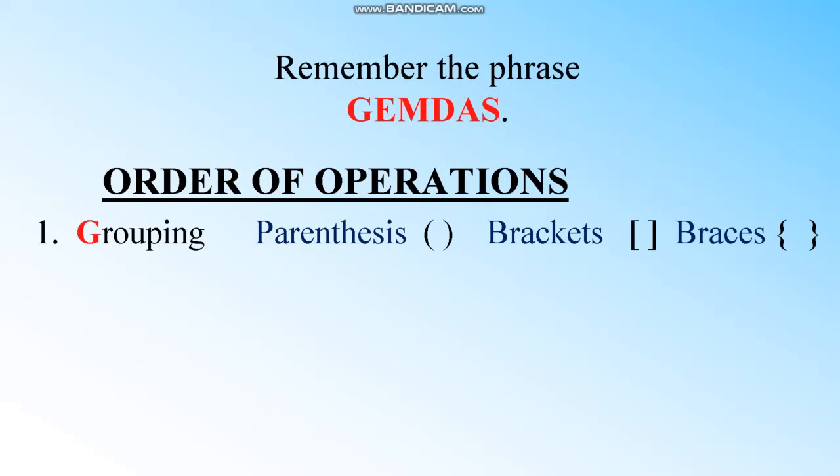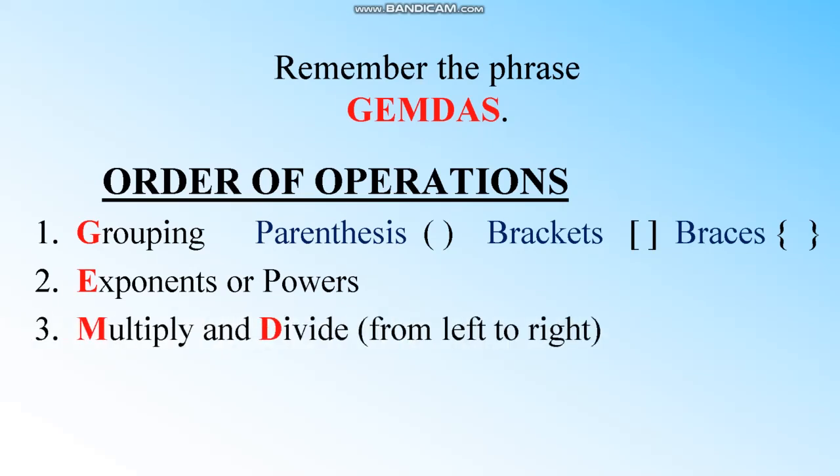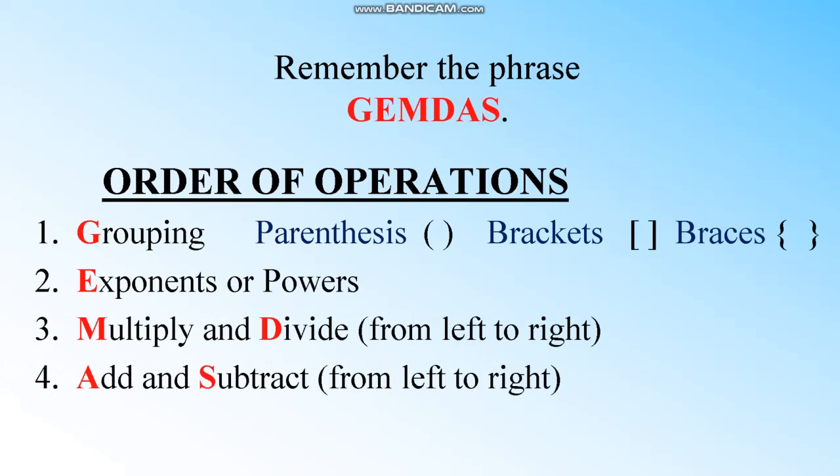When we say grouping, it's a group of braces, brackets, and parentheses. Maybe inside the parentheses, inside the braces, or inside the brackets, there is a parenthesis. The same rule applies: after you evaluate the grouping, you need to evaluate exponents or powers, followed by multiplication and division, and addition and subtraction from left to right.